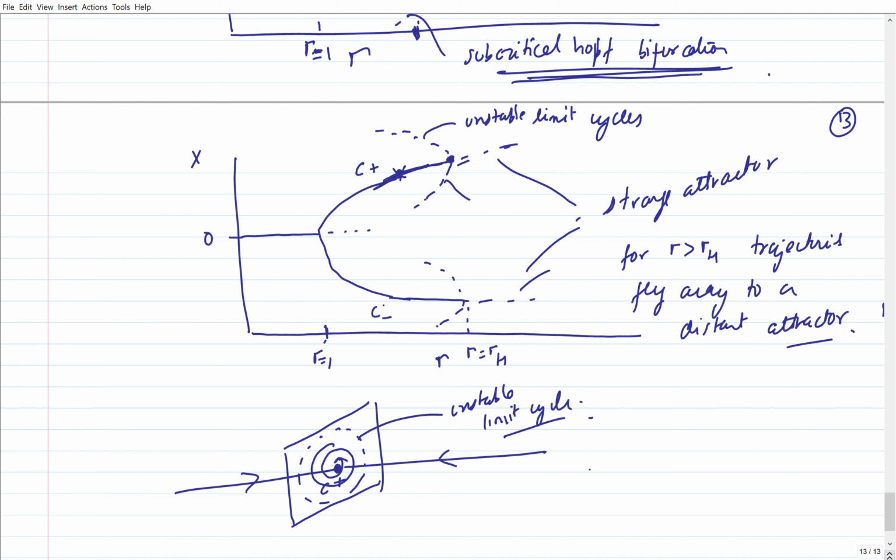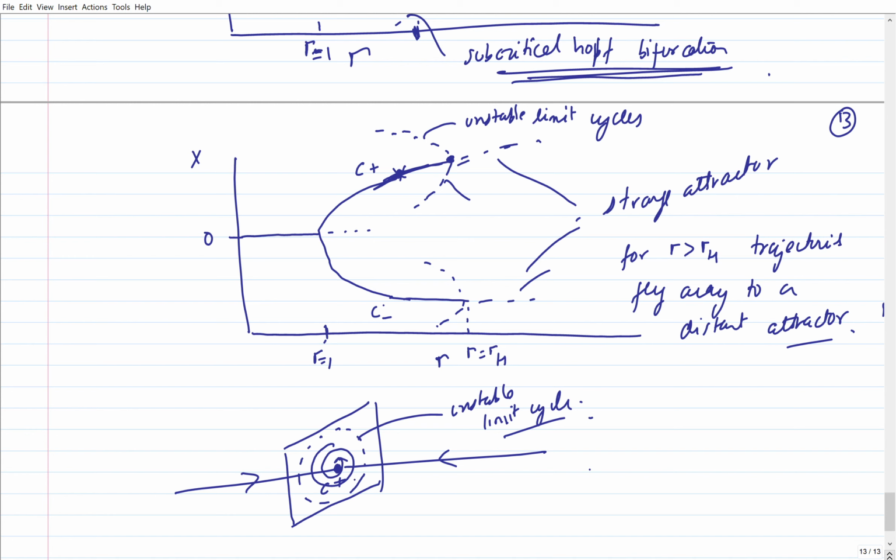We still don't know what that attractor is, but that's the whole idea. And this is a partial bifurcation diagram of the scheme that's happening. That essentially is what's happening.